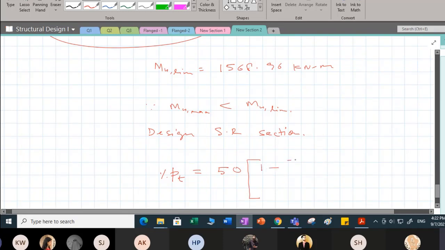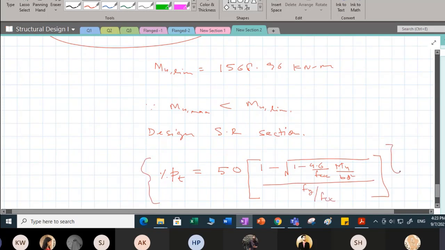1 minus square root of 1 minus 4.6 fck Mu by b d square, divided by fy. Please remember this formula.